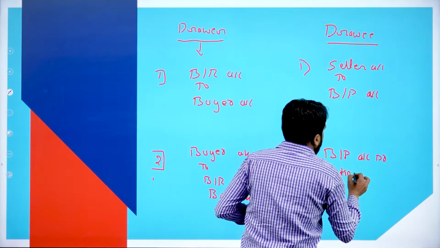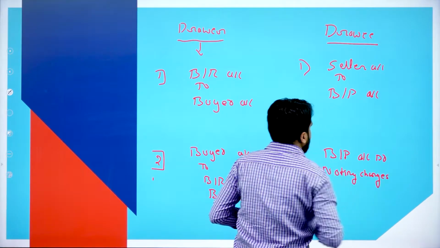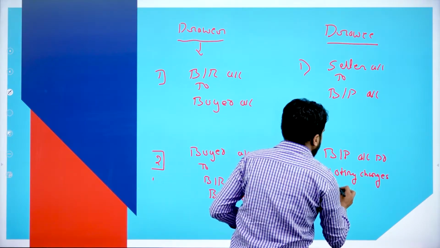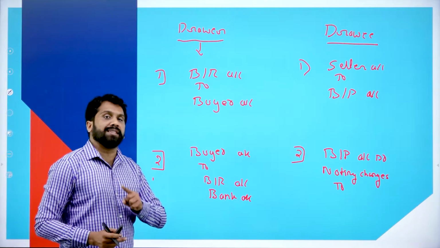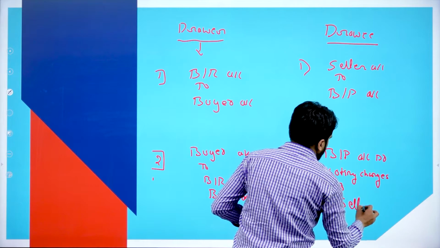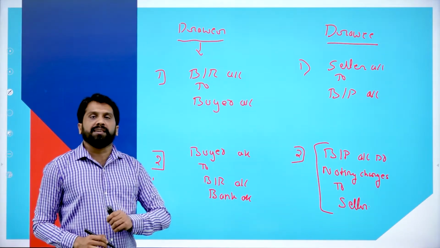Noting charges account. Noting charges account. Two. We have buyer. Instead of buyer, which one can we use? Yes, we can use seller. So, seller. This will be your journal entry.